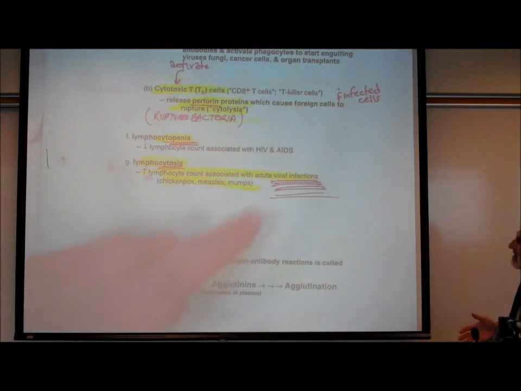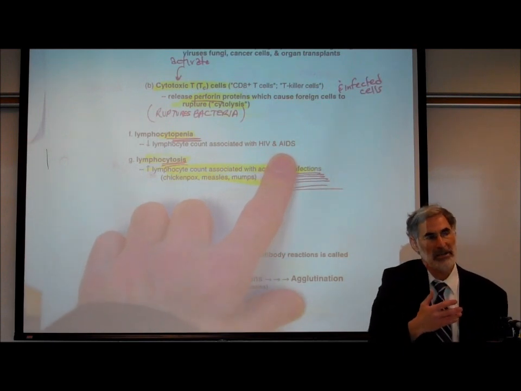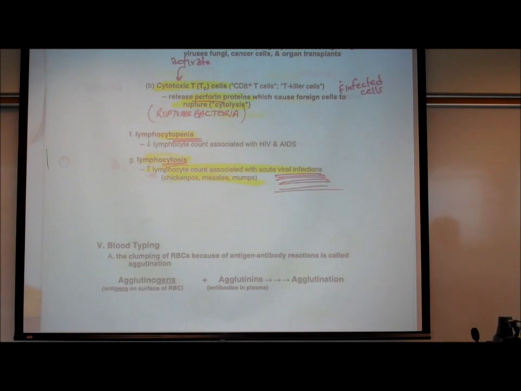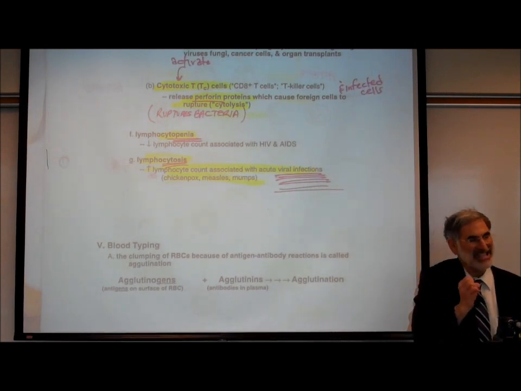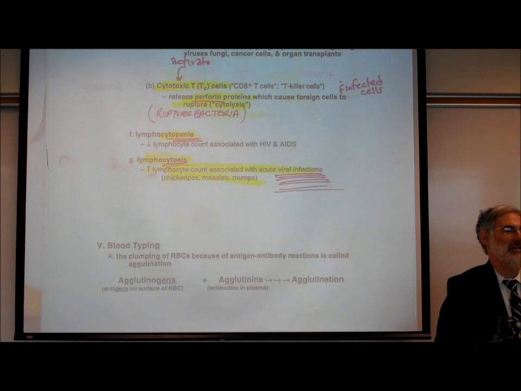That's why it causes a disease called AIDS. AIDS stands for Acquired Immune Deficiency Syndrome. Why are they deficient in their immune system? Because the virus is destroying the T lymphocytes, which play a critical role in the immune response.